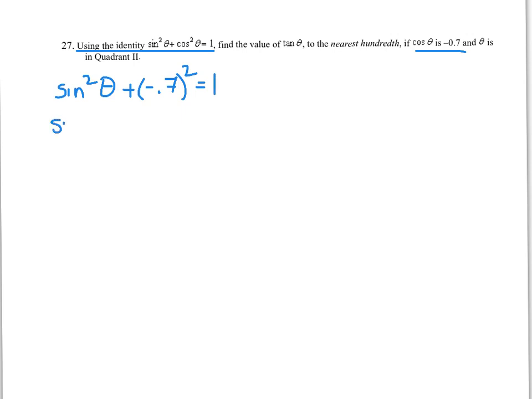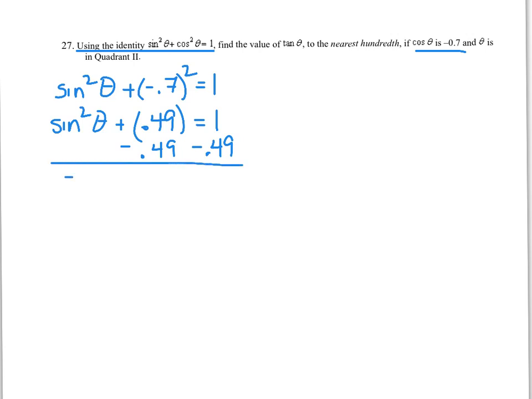All right, so let's work that out. So I got sine squared theta plus, that's going to be positive 0.49 when I square negative 0.7, and that equals 1. So then I'm going to bring over that 0.49, and then I'm going to get sine squared theta equals 0.51.